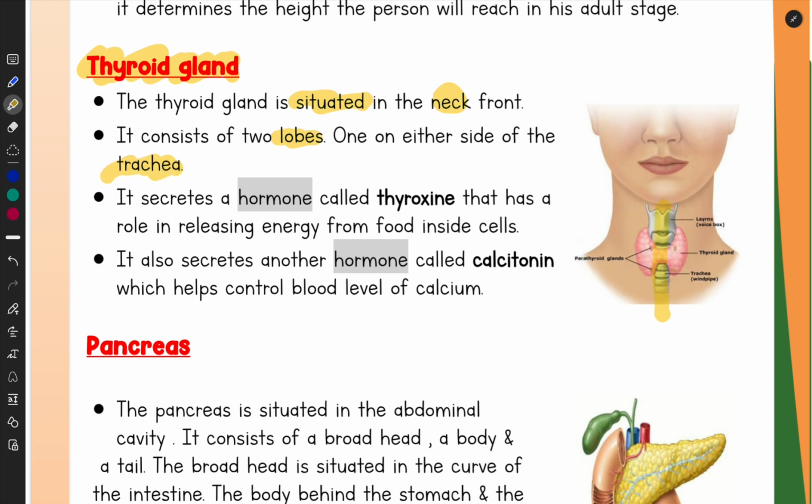It secretes a hormone called thyroxine that has a role in producing energy from food inside the cell. It also secretes another hormone called calcitonin. Calcitonin, from its name, helps to control the blood calcium level.